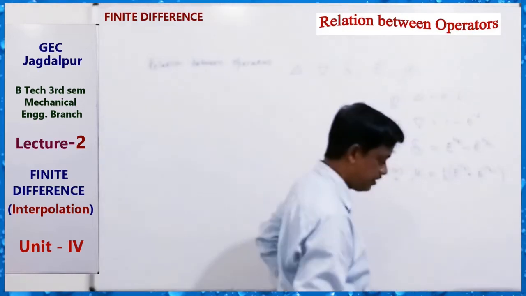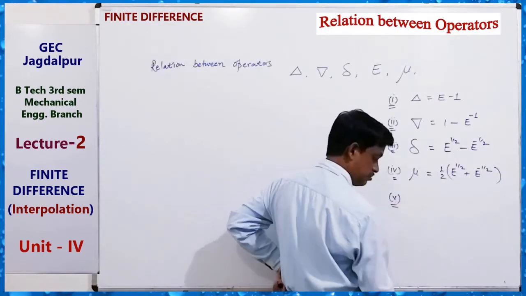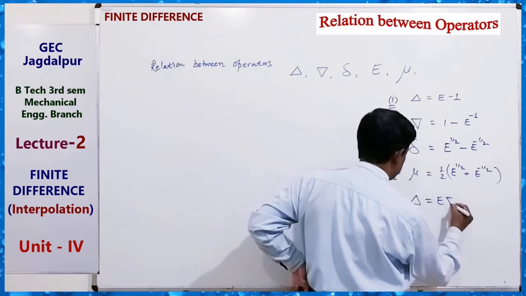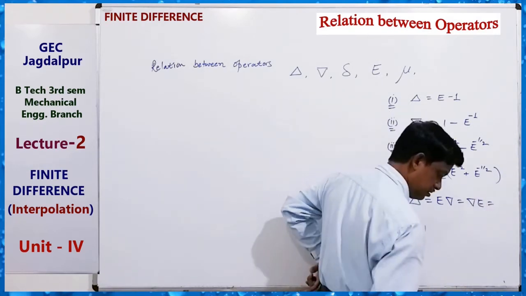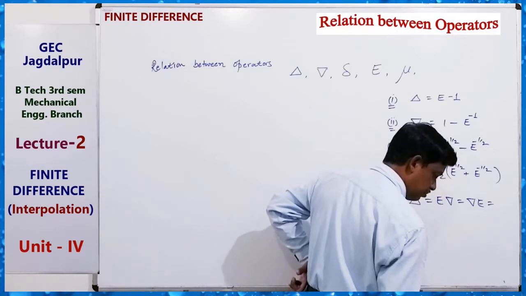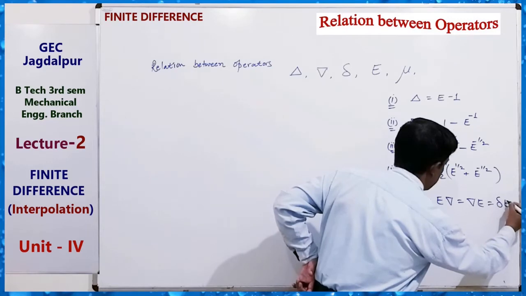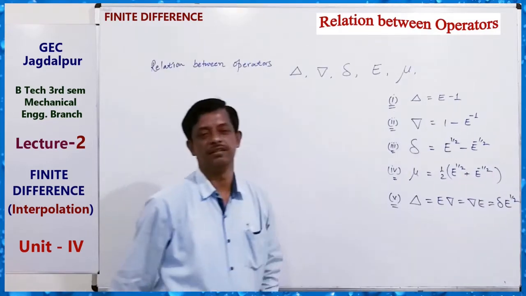Now fifth: forward operator can be written as E, backward operator E, and mu delta E half. These are all equal.